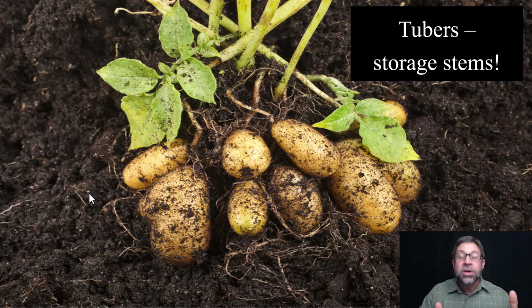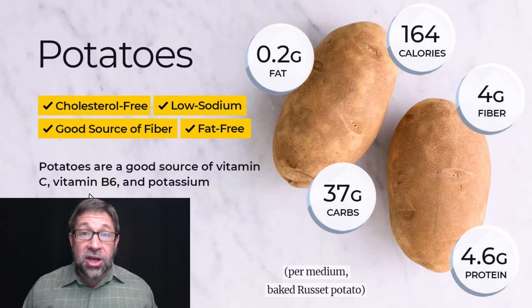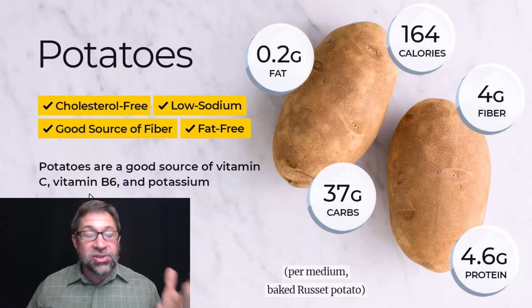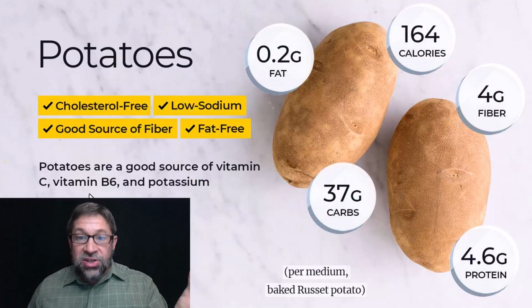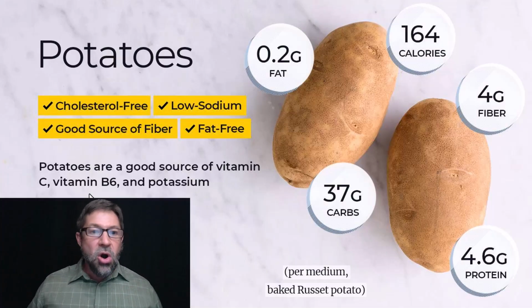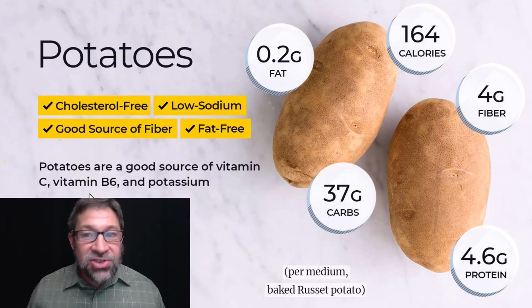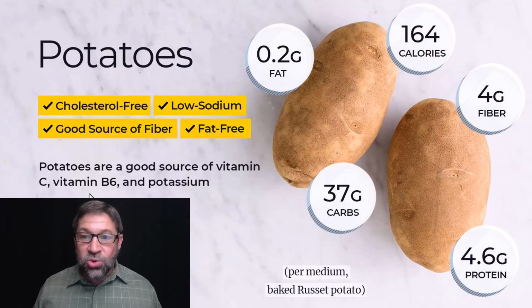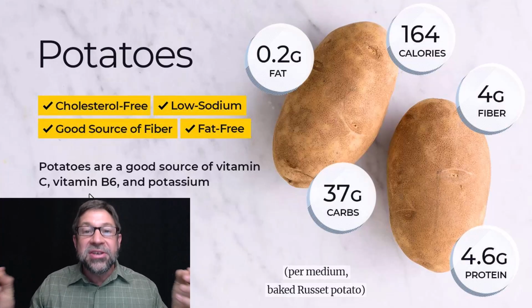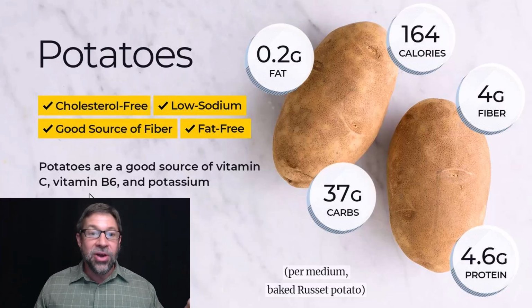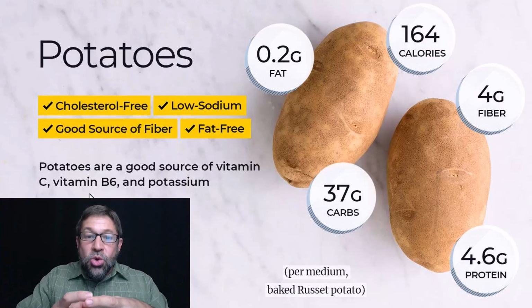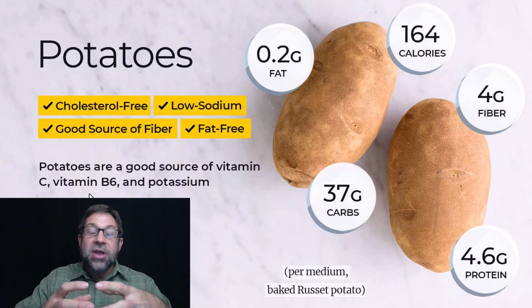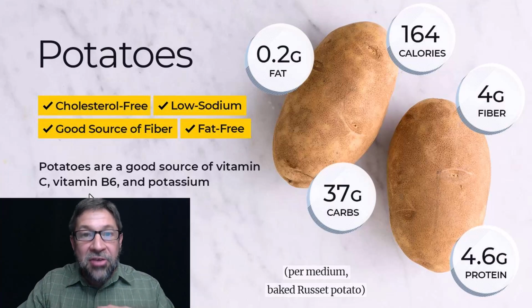A potato is a modified plant stem. But just like modified roots, like carrots, the modified storage stem, the tuber, is loaded with energy. 164 calories in an average white potato with 37 grams of carbohydrates, ready to fuel that potato for when conditions for growth become favorable again.